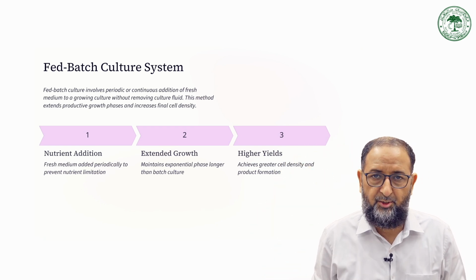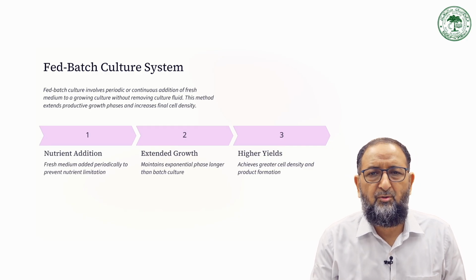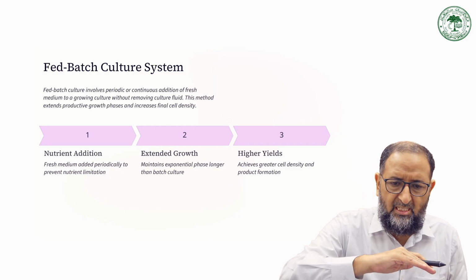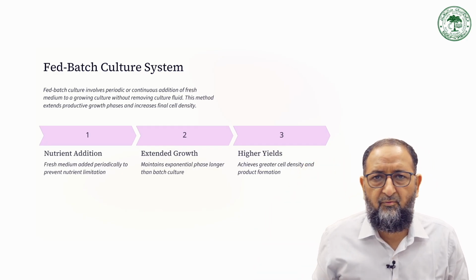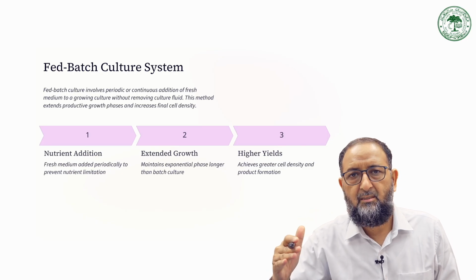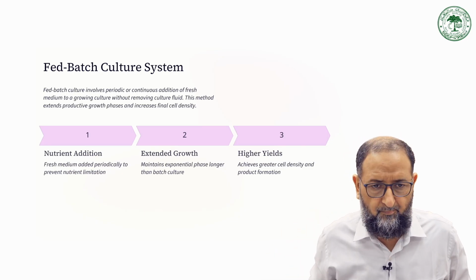So you add nutrients and fresh media periodically, and you can standardize it after 2 hours, 3 hours, 4 hours, whatever. Once the cells reach the exponential phase, you have to know what time is required to deplete the nutrients and exhaust the cells' ability to grow further.